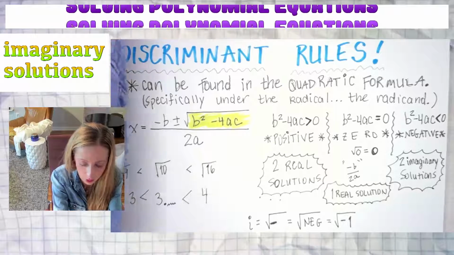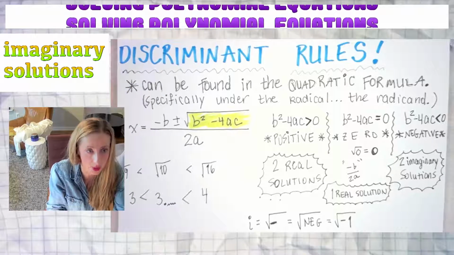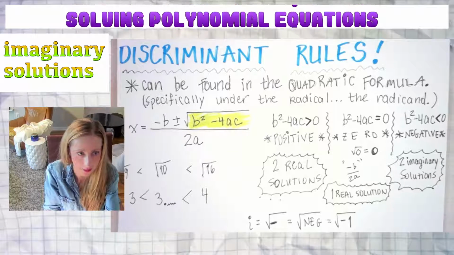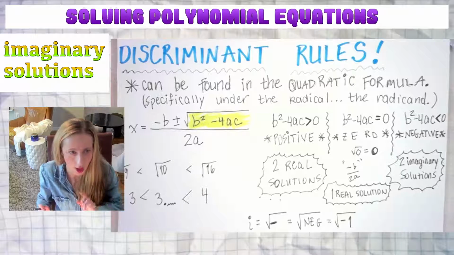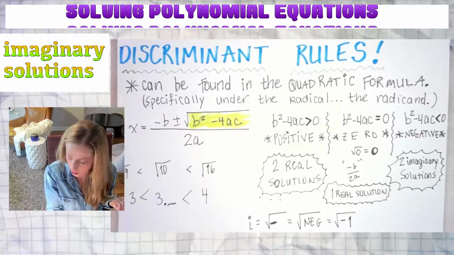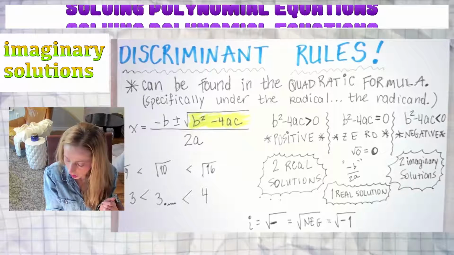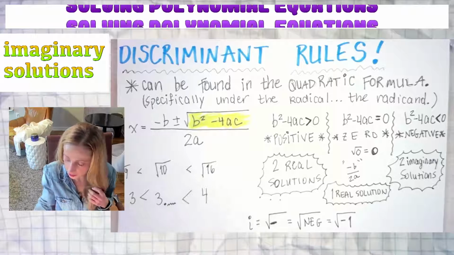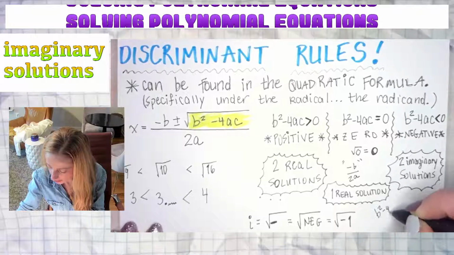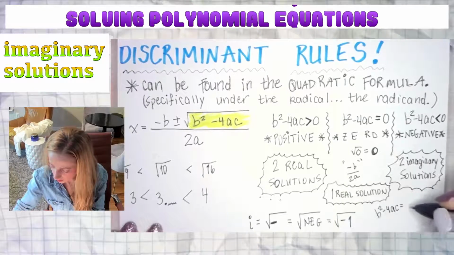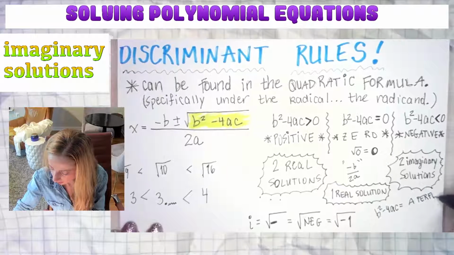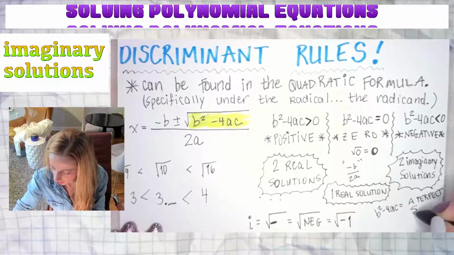So those are some things that we wrote down for our notes for last time, and that's what we needed in order to do our homework for last time, okay? One other bonus piece of information that I'm going to give you, and I gave to somebody after school last week during extra help office hour, has to do with if b squared minus 4ac equals something called a perfect square.